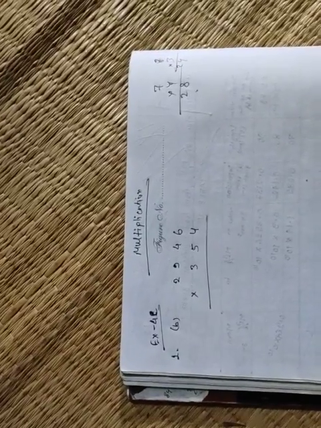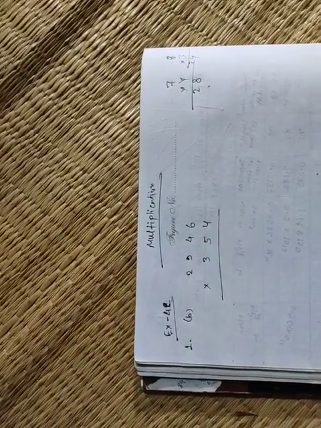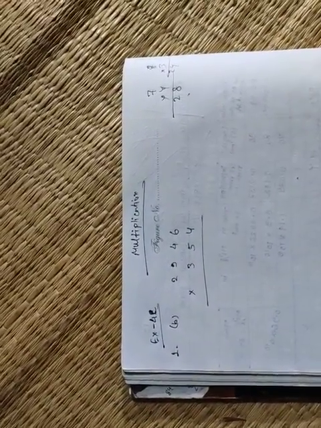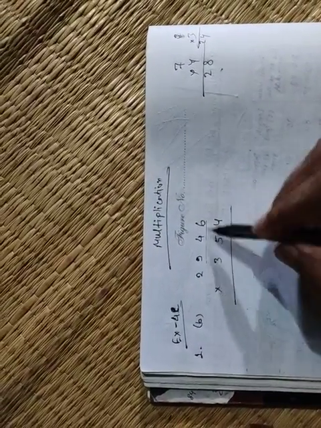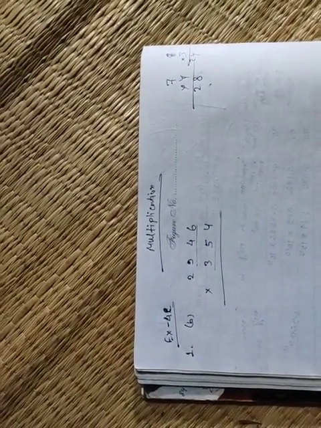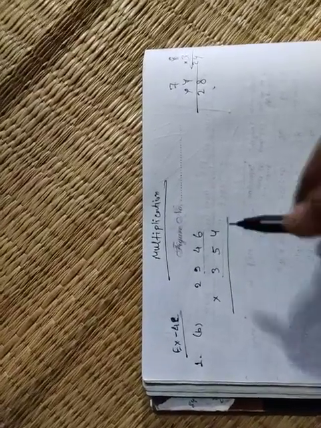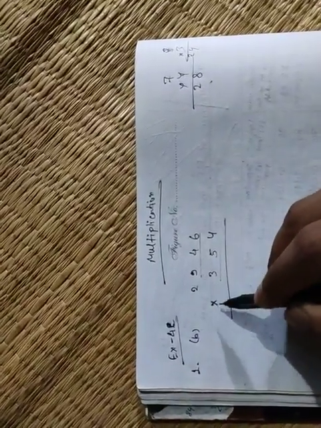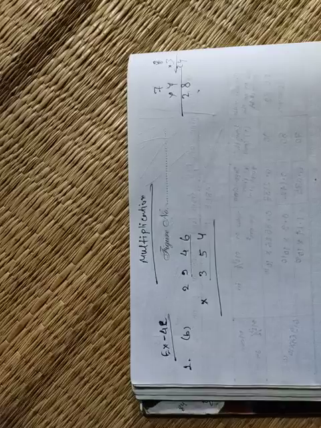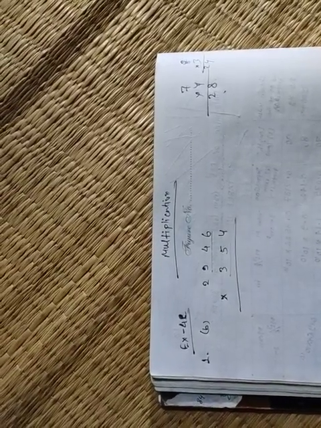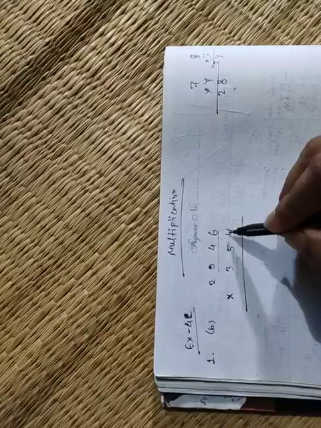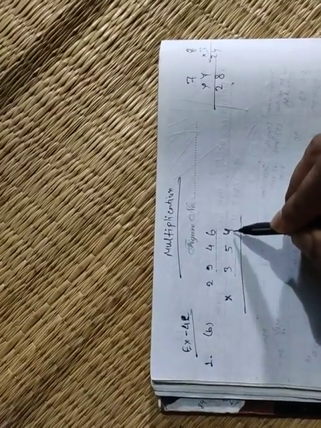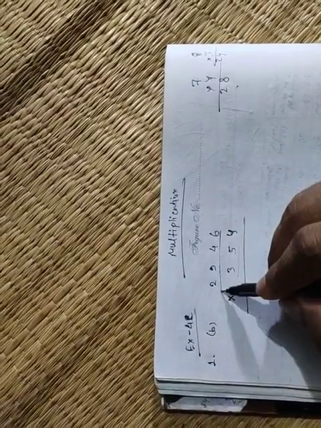Similarly, in this process I can do the multiplication easily. How can I do this? We can do this in many steps. In the first step you have to multiply the ones digit with all the digits.